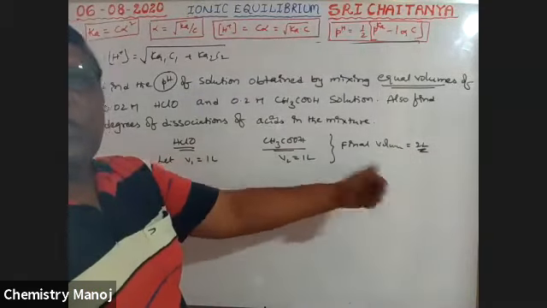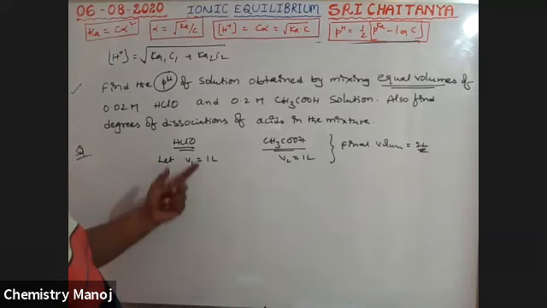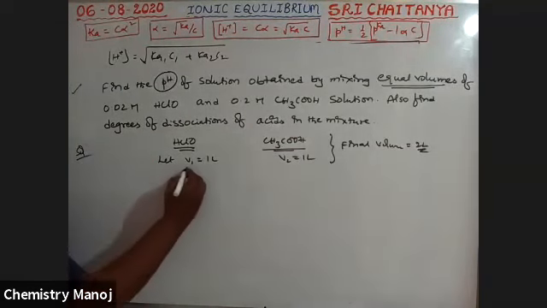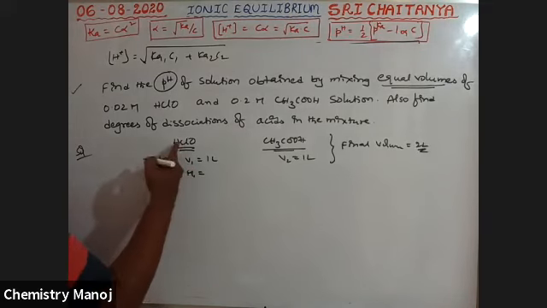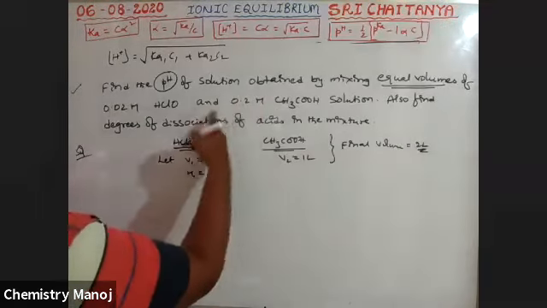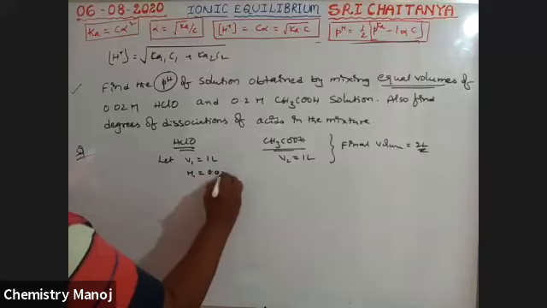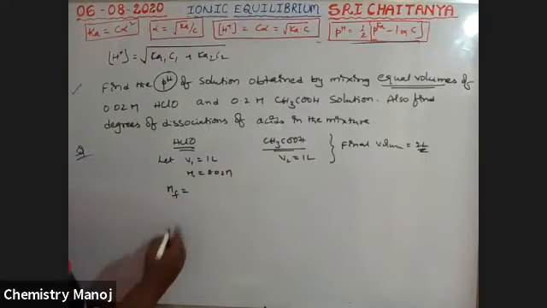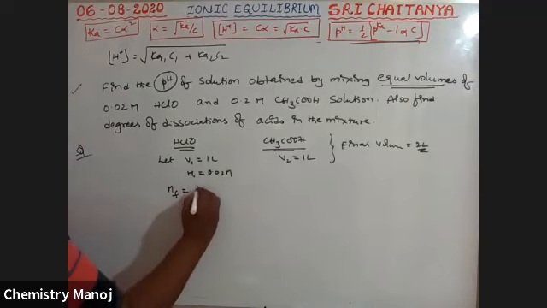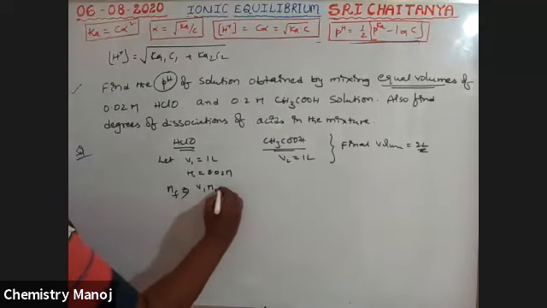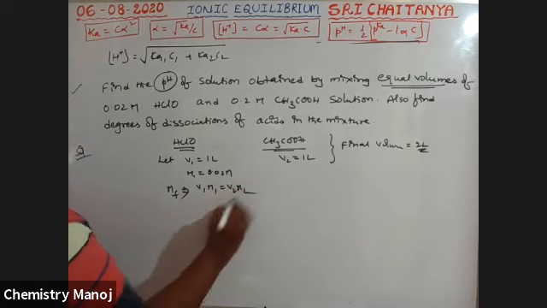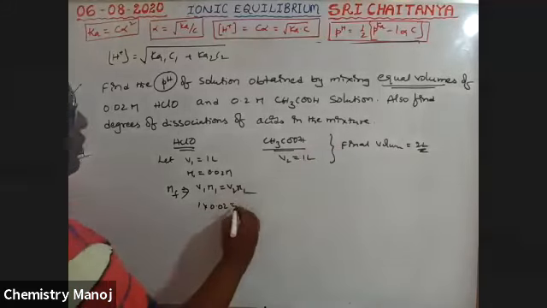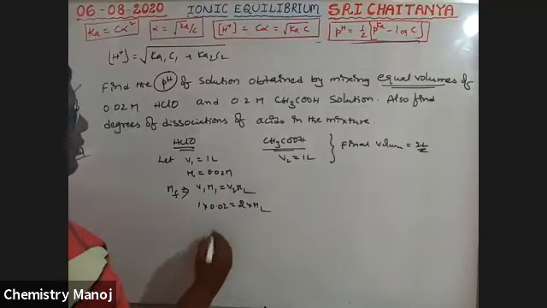In 2 liter solution, how much is the concentration? So V1M1 equals V2M2 you should apply. Here M1 for HClO is how much is given to you? 0.02 only. Therefore, applying V1M1 equals V2M2: 1 into 0.02 is equal to the final volume 2 liters into M2.